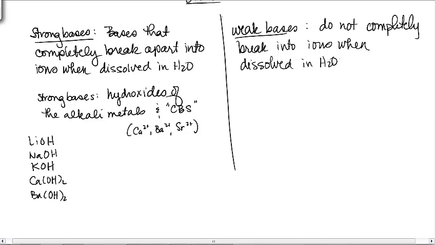And just like weak acids, they reach equilibrium. And just like the weak acids, this is all other bases.